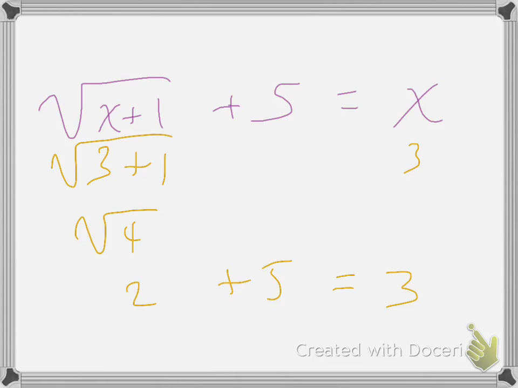It's just not. So that means the 3 does not check. So don't include it in your answers. It's extraneous. It just doesn't work. So let's leave 3 put aside, and we'll just go with our one answer.